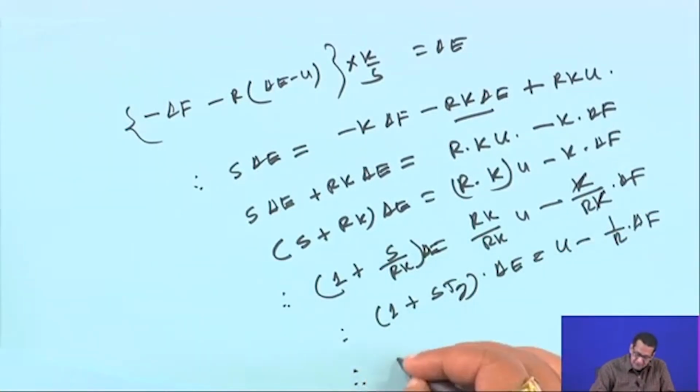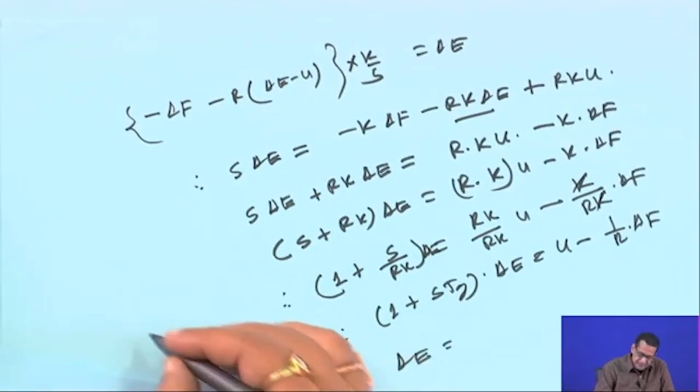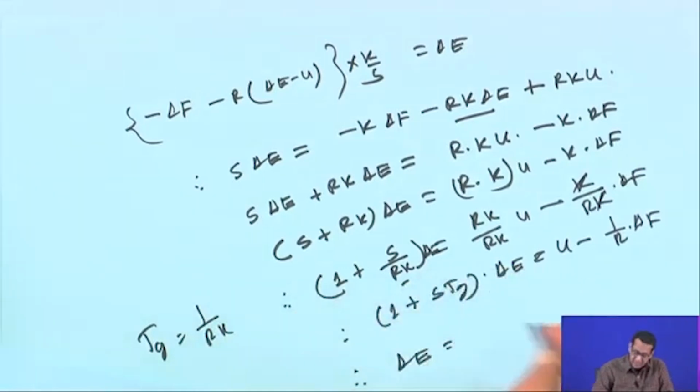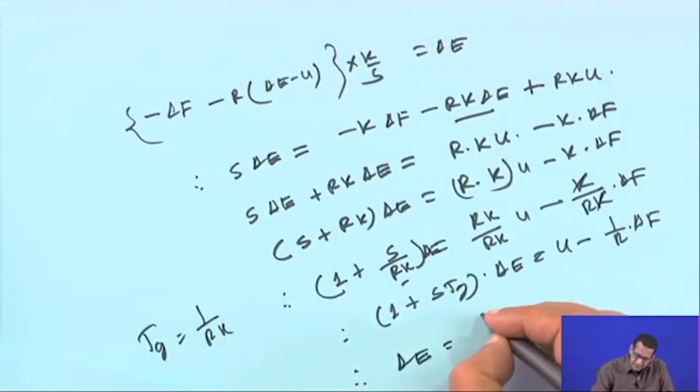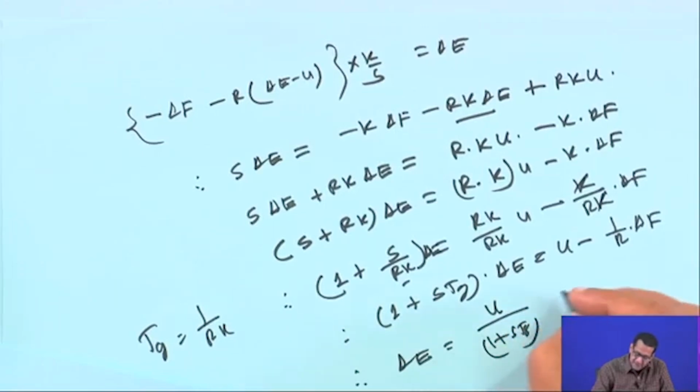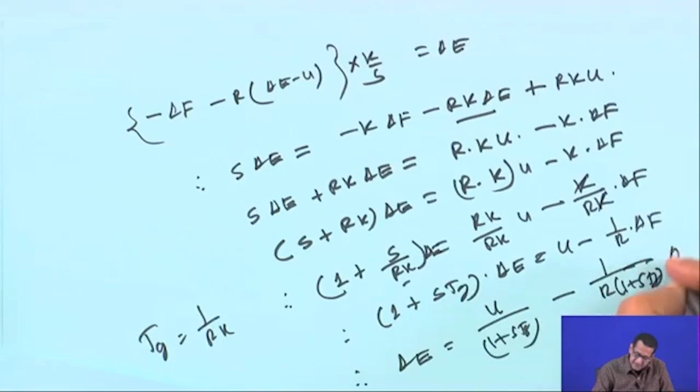That means your delta E and T g is equal to, I have told you, it is governor time constant 1 upon r k, right, and delta E is equal to u upon 1 plus s T g minus 1 upon r into 1 plus s T g delta F, this way.